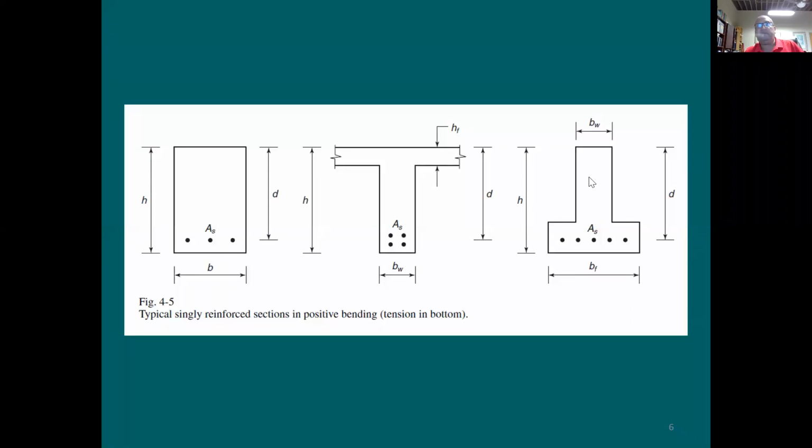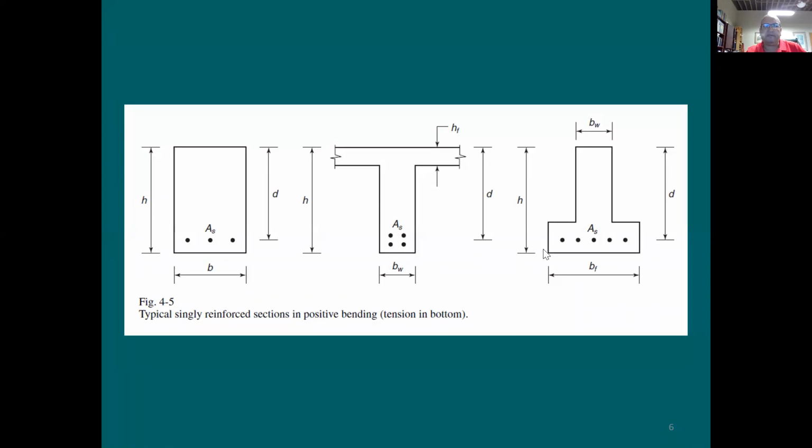I'm looking here at a different type of beam. Someone is going to look at this and say it's like an inverted T. Is this the way you have it? You say, no, we need to talk about this. But if you assume that the compression is going to be on the top, and tension is going to be here at AS, the depth is going to be from the top compression all the way to the tension force location.